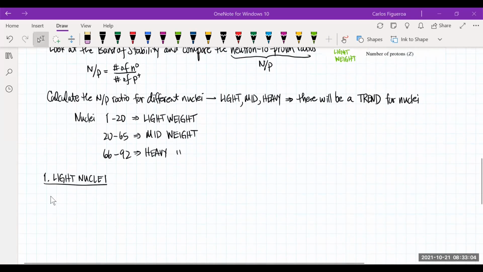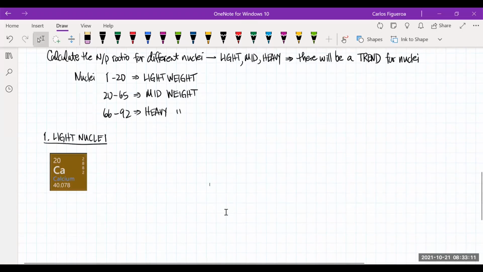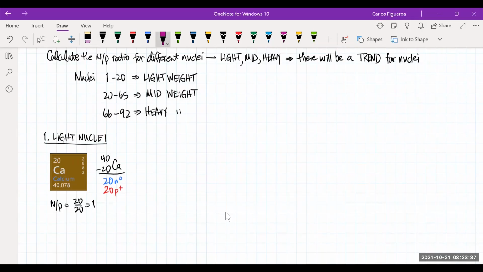If I look at 20 protons, this is calcium. Let's look at calcium and calculate the neutron to proton ratio. This is calcium-40, with 20 neutrons and 20 protons. So the neutron to proton ratio is 20 over 20, which is 1. What's special about 1?